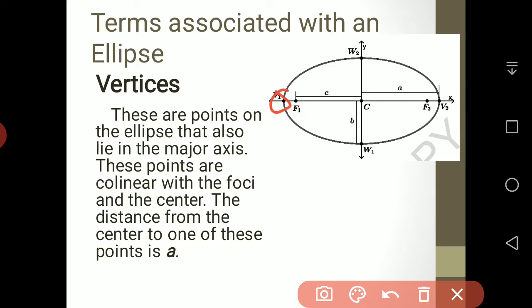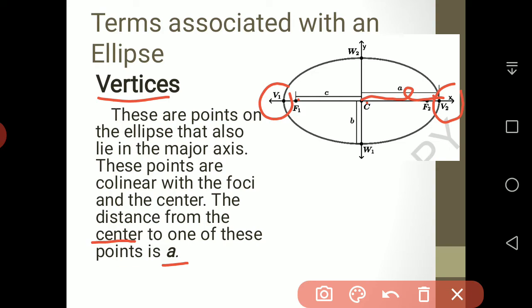Again, the vertices lie collinear with the foci and the center, and the distance from the center to one of these vertices is a. So do you see a here?